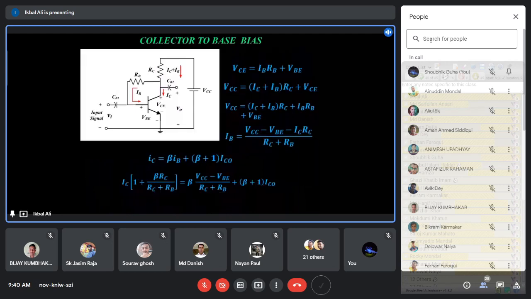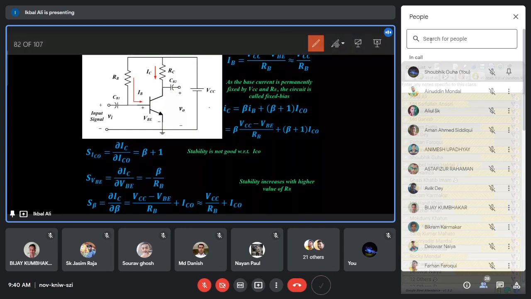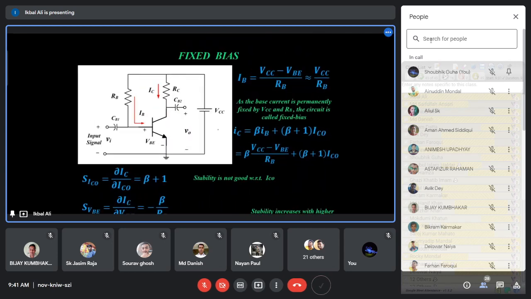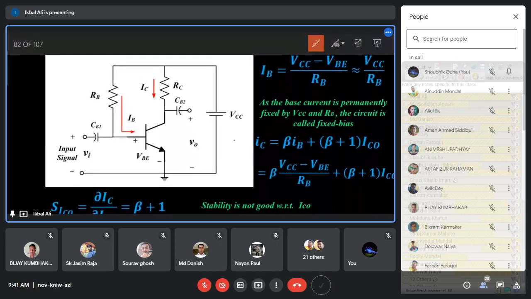Next, we will discuss the collector to base bias circuit. This is the second type of biasing. Previously you have the fixed bias circuit, where both the resistances RB and RC are directly connected to VCC.